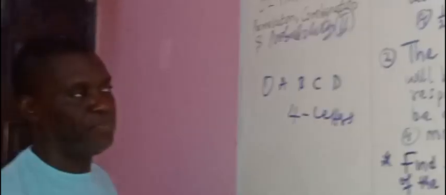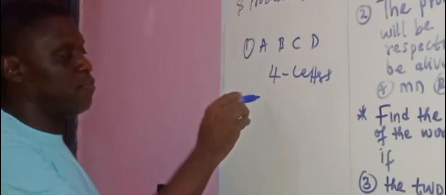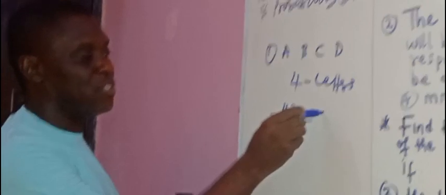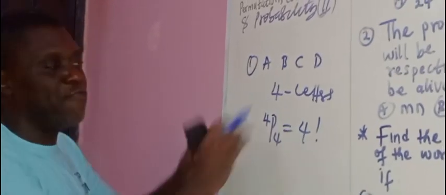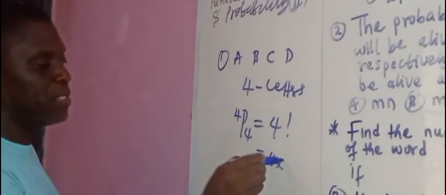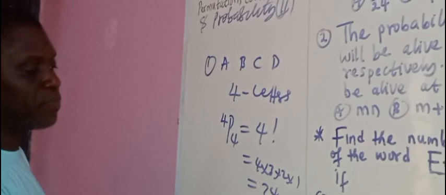No repetitions. Permutation. That is 4 permutation 4. If you interpret this, it's just 4 factorial. So there are 4 ways this can be arranged. 4 factorial means 4 times 3 times 2 times 1. That will give you 24 ways.